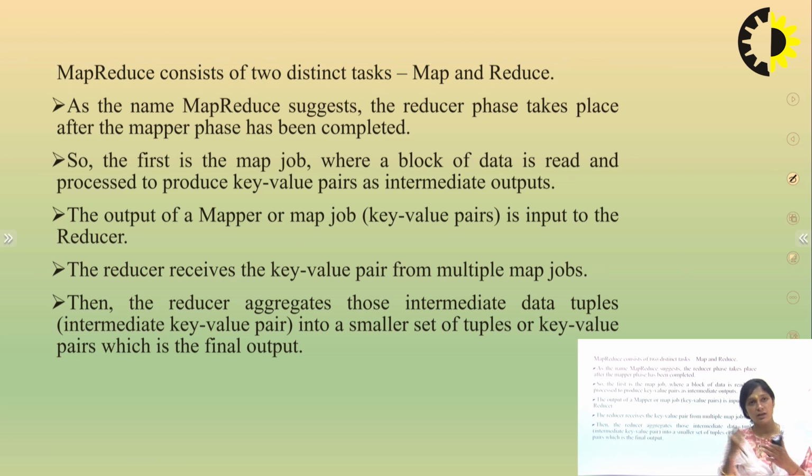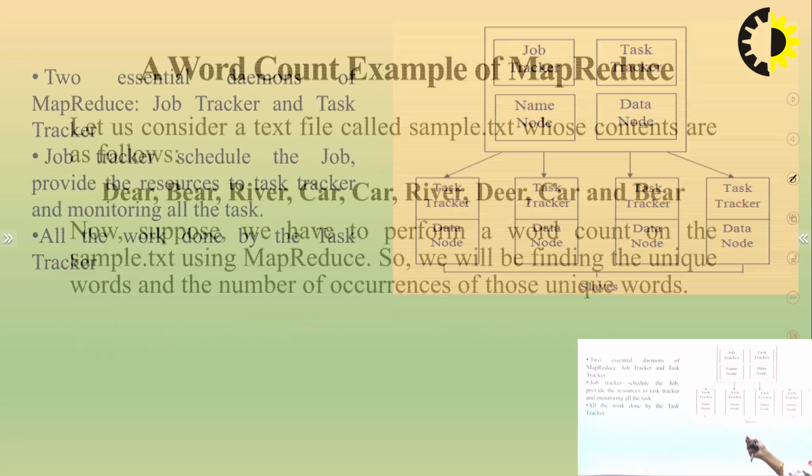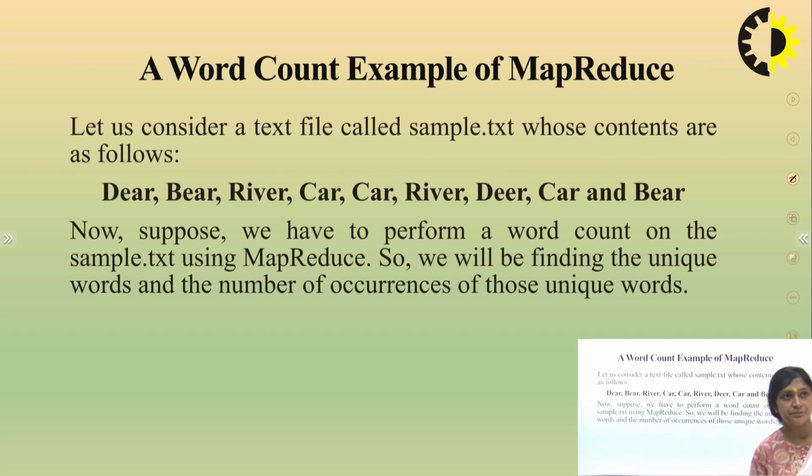This you will see in the next slide in the diagram. And finally, the reducer aggregates those intermediate data into a smaller set of key value pairs, which is the final result of that MapReduce process. Now, see the example. This is the example. Word count example of MapReduce.